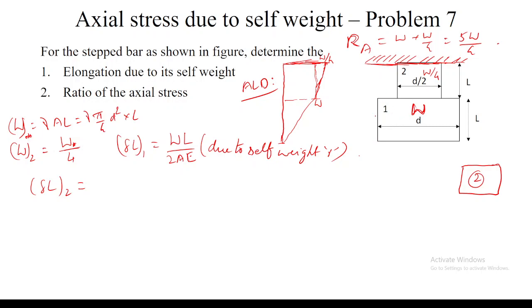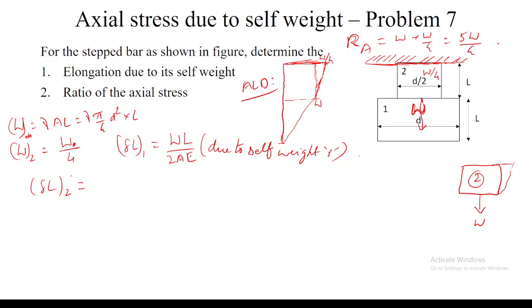See, because the weight of this whole member 1 will act as the point load for member 2. And then I will be getting a uniformly varying load due to self weight of member 2.